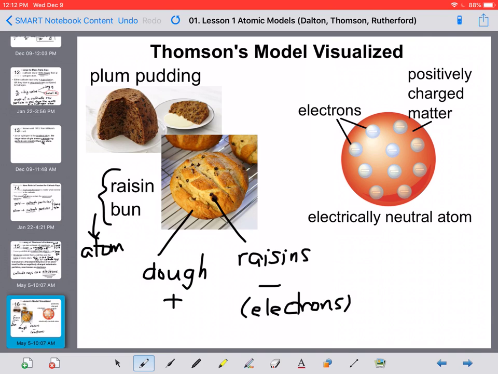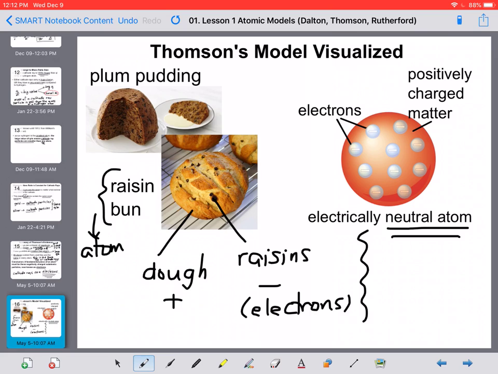Now, we just have to talk about how Thomson knew that atoms had to have both positive and negative in them. Well, everybody knew, even before Thomson's experiment, that atoms are neutral, because most of the time we don't see objects attracting and repelling, right?